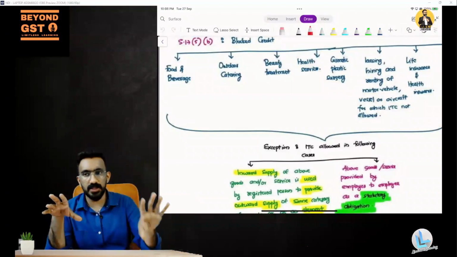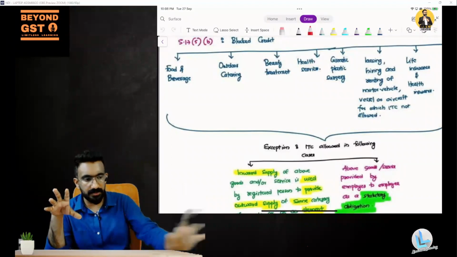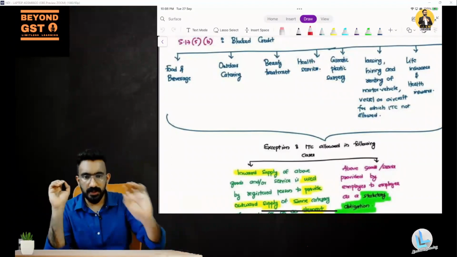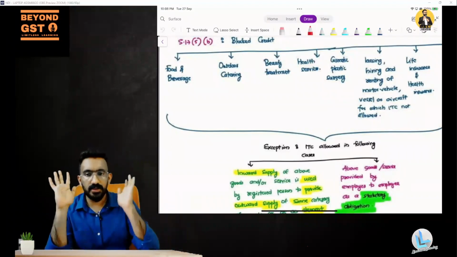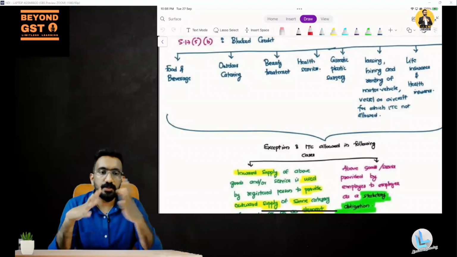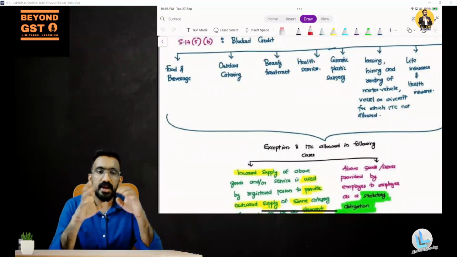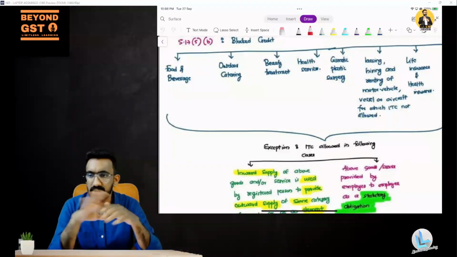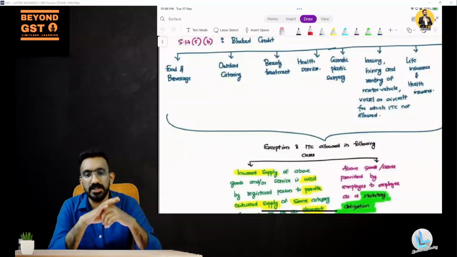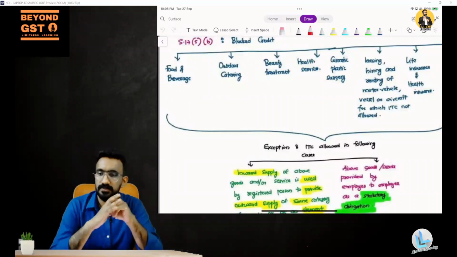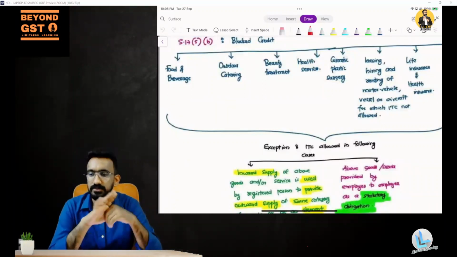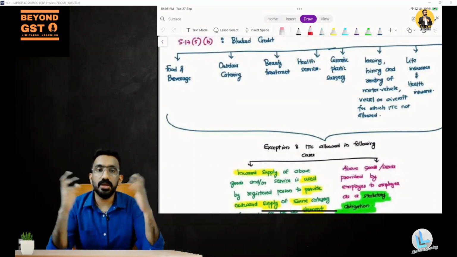So far, are you understanding the example? Ram is taking all the employees for having food outside. They all had food, accounted in the books of accounts. Now, 500 rupees is GST on the food and beverage. Can Ram and Company, which is the chartered accountancy firm, take the credit on this GST paid on food? No, because think about it.